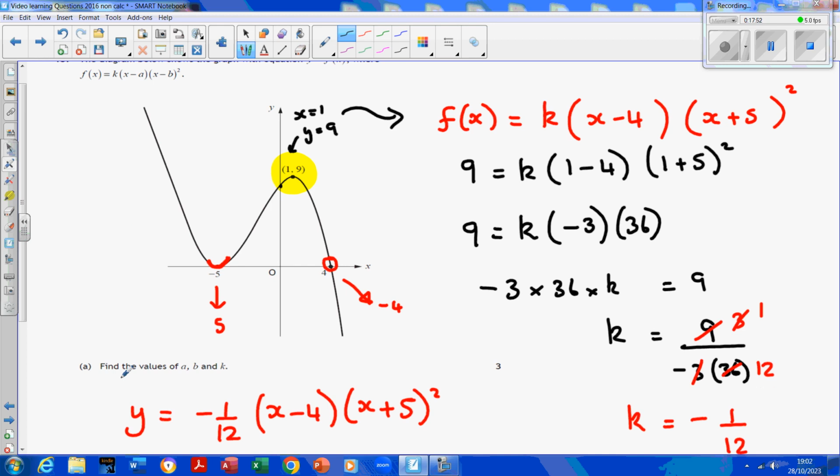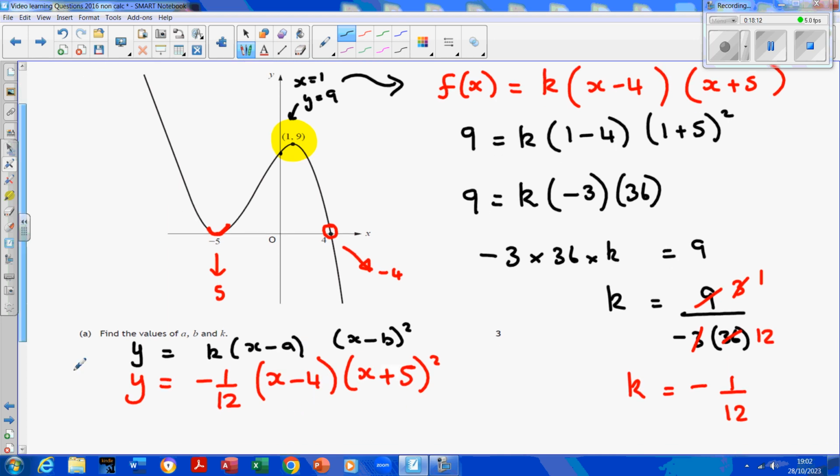They had written down y is equal to k times (x minus a), and in the other bracket they had (x minus b) all squared. So when we compare them, ignore the minus signs because it's in both of them. So a is equal to 4.